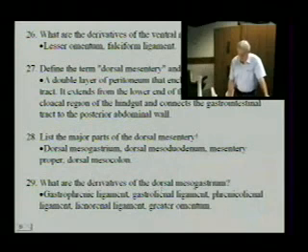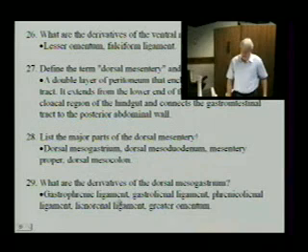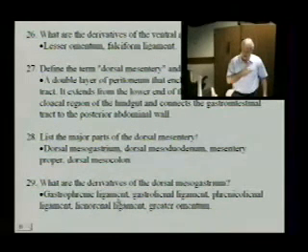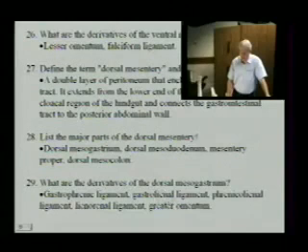What are the derivatives of the dorsal mesogastrium? We followed that, the gastrophrenic ligament. So the dorsal mesentery has a reflection onto the diaphragm, so gastrophrenic. As we will see, the spleen grows within the dorsal mesogastrium. Lien is another term for the spleen.